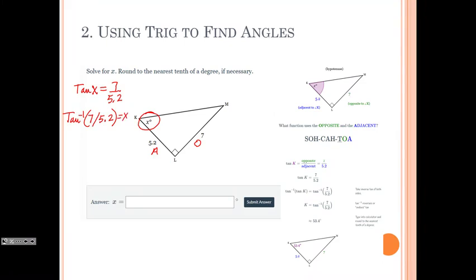So go ahead and pop that in your calculator. We've got 7 divided by 5.2 equals, what do we get? Round it to the nearest tenth. 53.4. This is the answer you'll put into Delta Math.